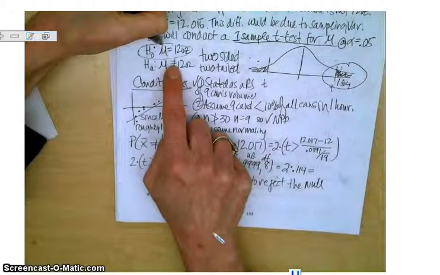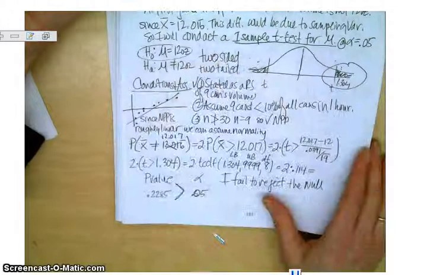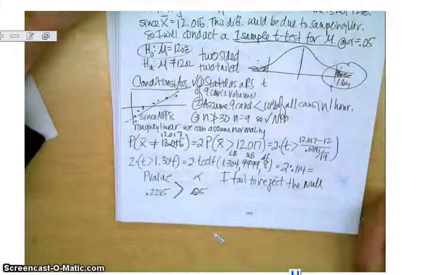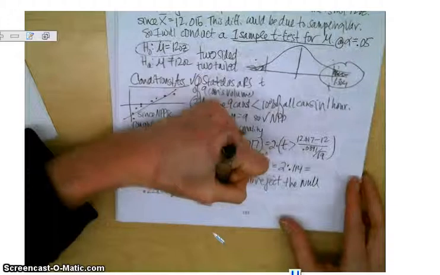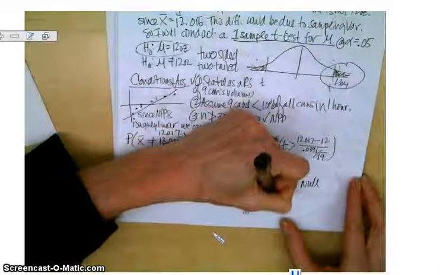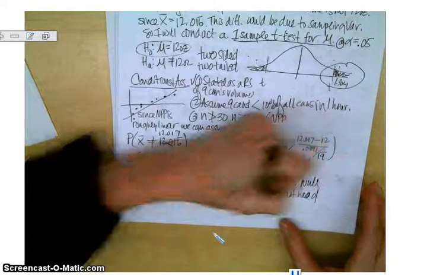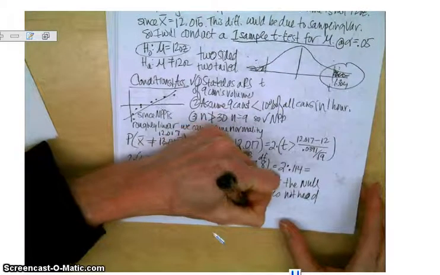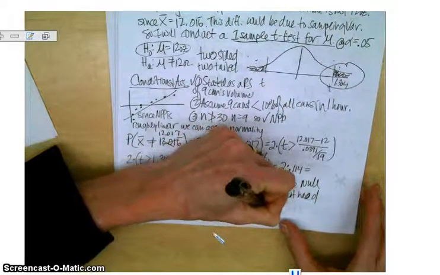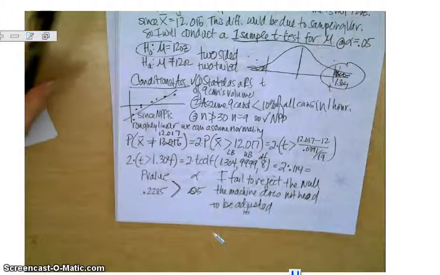That the machine does not need to be adjusted. Maybe the next hour it'll be more off and you will need to adjust it. But as of right now, we do not need to adjust the machine.